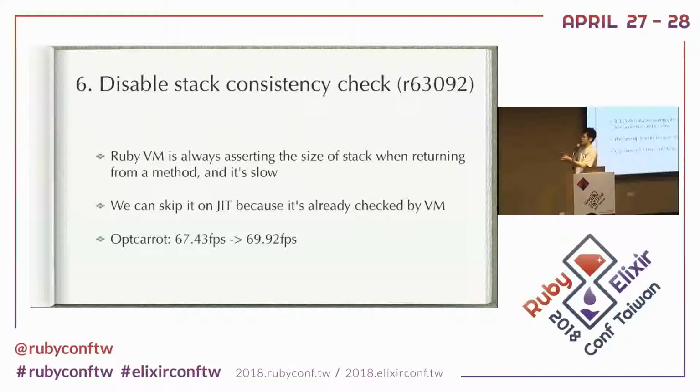So it always checks the consistency of the stack, and when the leave instruction is executed, the stack depth must be 1 because any Ruby method can return one value. So it checks the state of the stack after the Ruby method is executed. But it's an overhead, and I disabled the consistency check in the JIT code because it's already checked in the original bytecode.